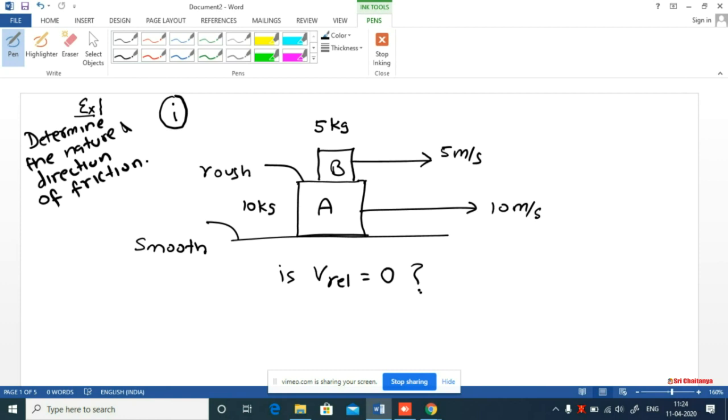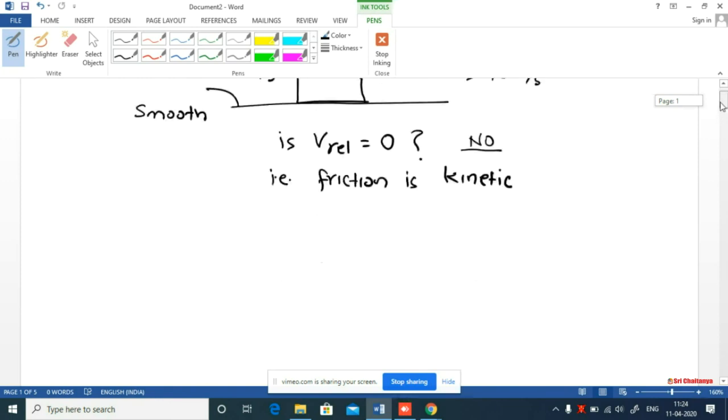If V relative is non-zero, friction has to be kinetic. So in this case, is V relative equal to 0? The answer obviously would be no. It means friction is kinetic. Then what's the direction of the kinetic friction?